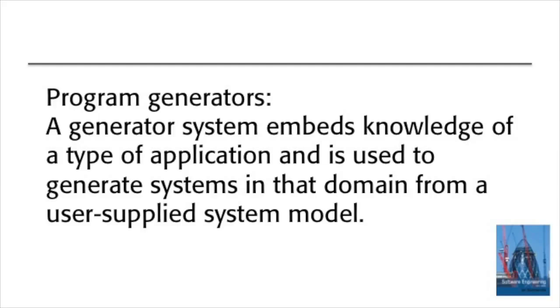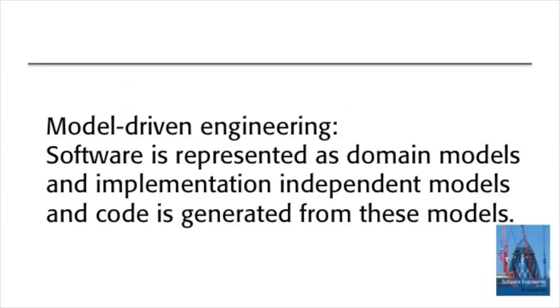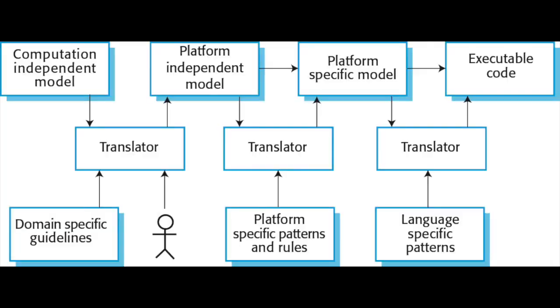A more abstract form of reuse comes from program generators, where we embed domain knowledge in a system and then write some domain-specific description of the facilities that we need, and a program is generated from this domain knowledge to provide these facilities. We can see this approach also in model-driven engineering, where it's possible to generate quite a lot of code from a model of the system that has been developed.